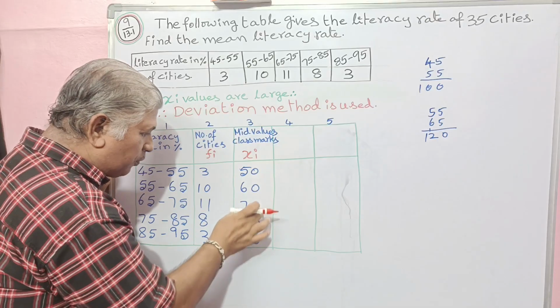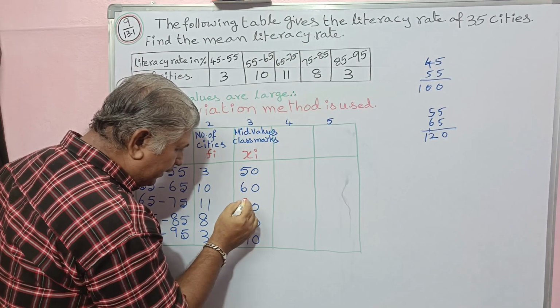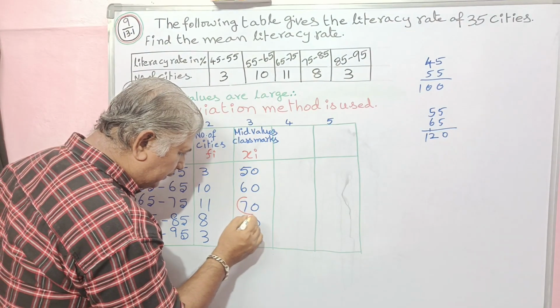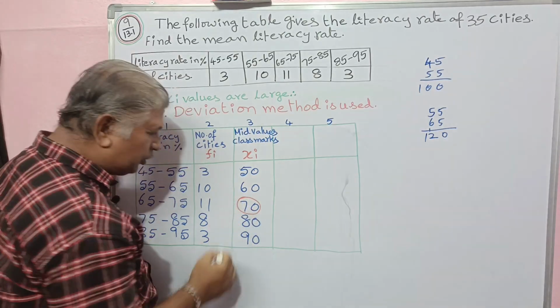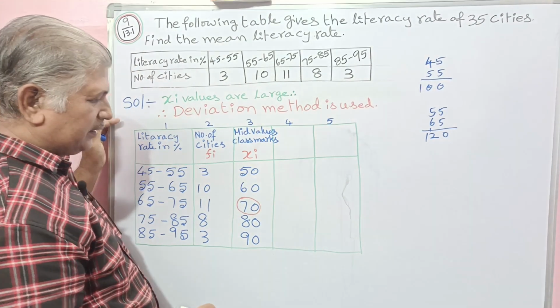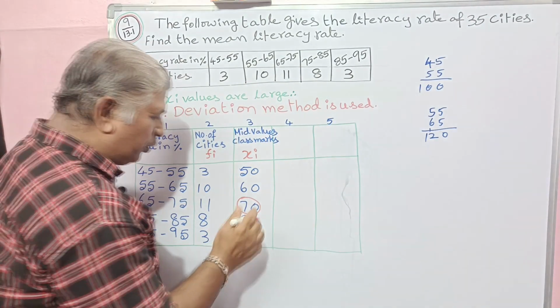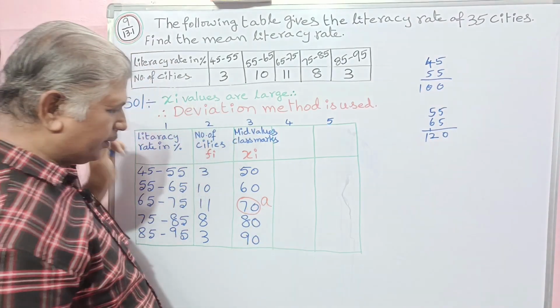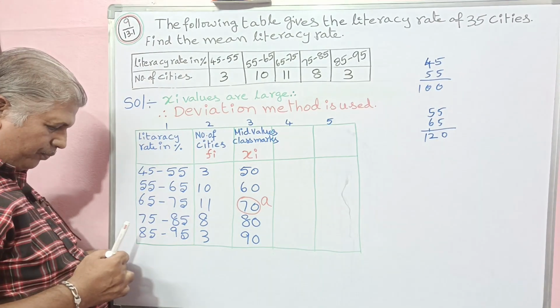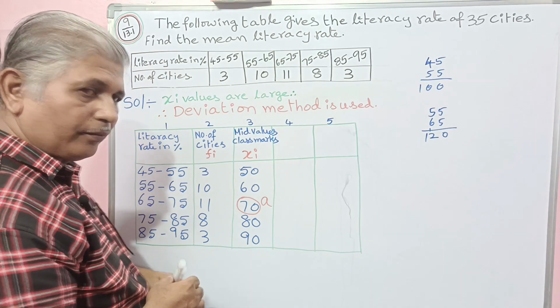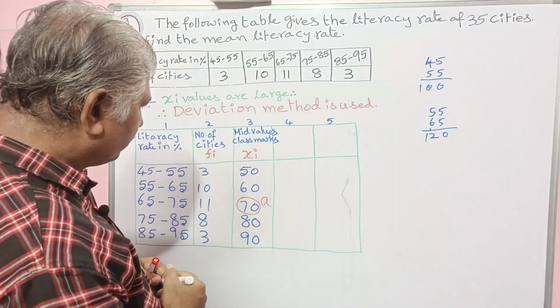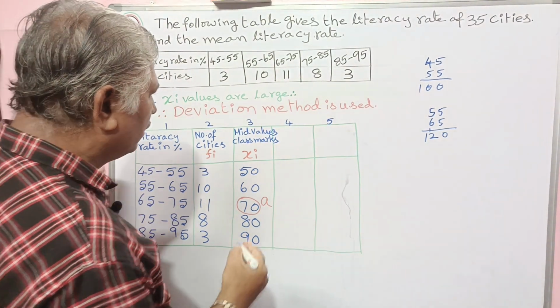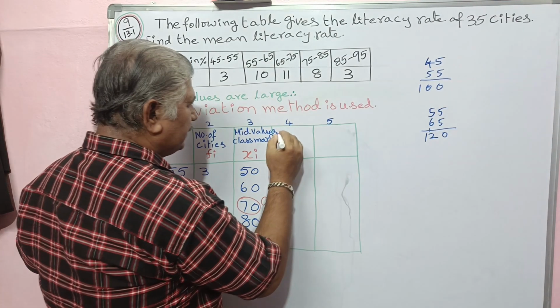Among these class marks, select a class mark as the assumed mean. 70 is the assumed mean. It is called A. Now, deviations.